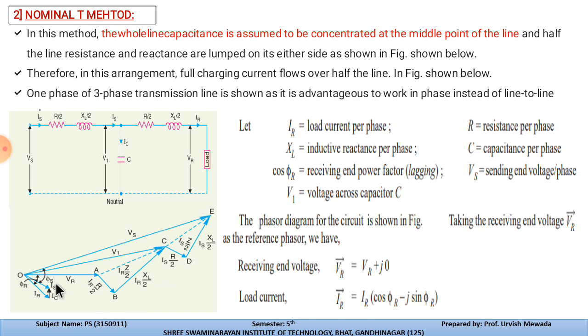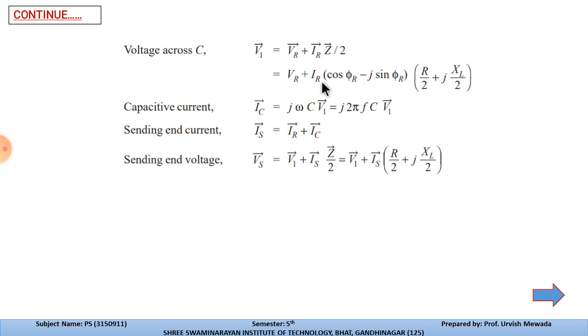So V1 is equal to VR plus IR Z by 2, that is VR plus IR into Z by 2. Let us put the value of IR over here. So VR plus IR into cos phi r minus J sin phi r, and this impedance is a composition of R by 2 plus J XL by 2. That's why Z by 2 is replaced with R by 2 plus J XL by 2.